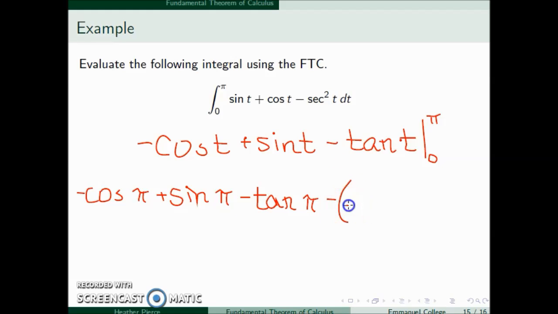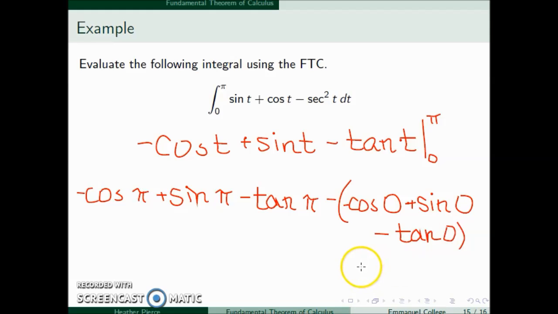So minus negative cosine of 0 plus sine of 0 minus tangent of 0. And once you evaluate this, you get 2.